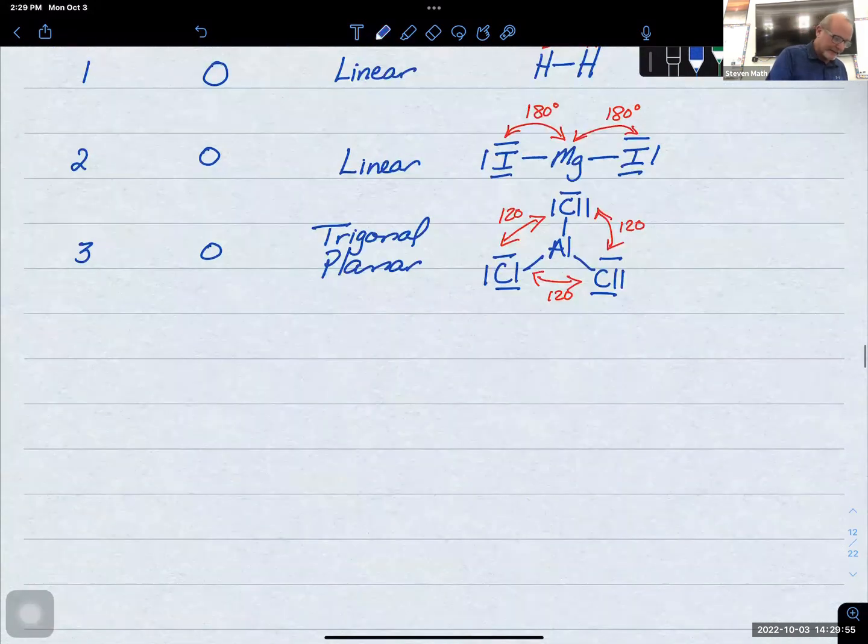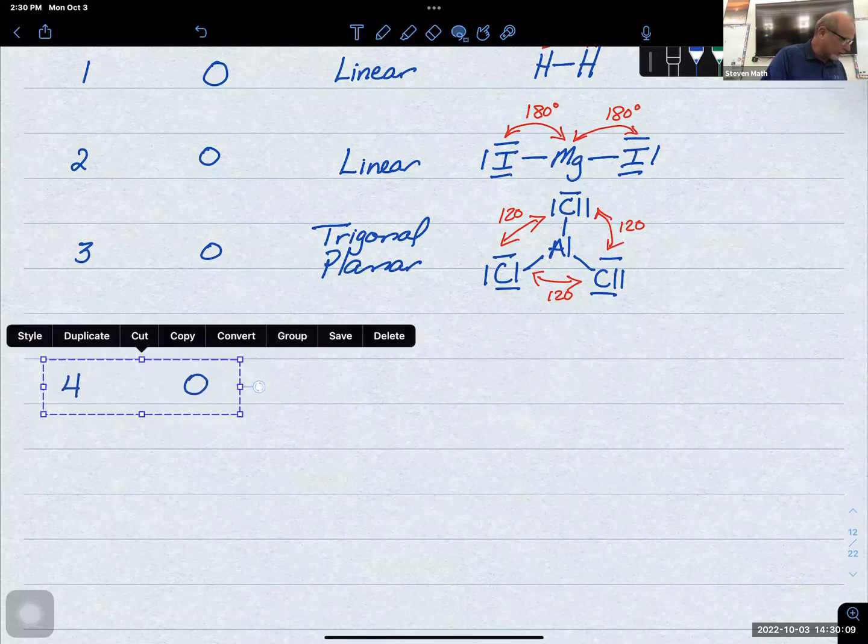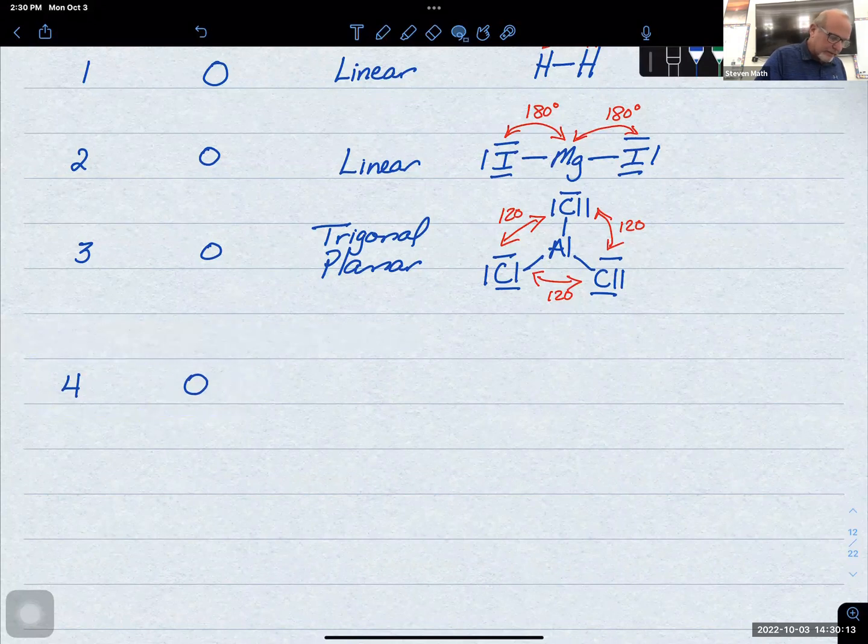Okay. Bump it up. 4 bonds, no lone pairs. This is our carbon. And I'm going to move him down just one more line because I'm getting scrunched here. But this is going to be methane. We drew that molecule at the very end of the last video.